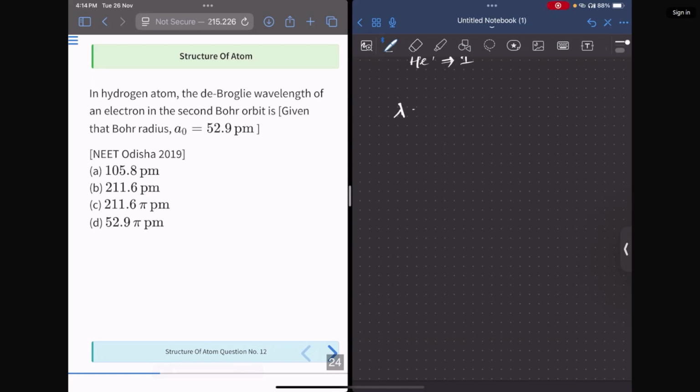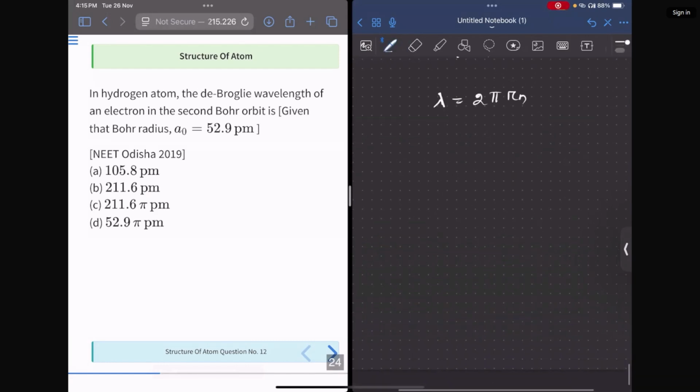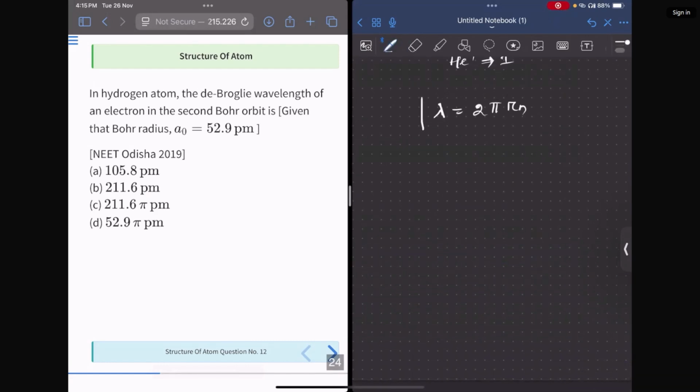Lambda is equal to 2 pi Rn. It is the formula for the de Broglie wavelength in the Bohr orbit. Since it is asking for the second orbit, we have to find Rn, meaning R2. So let's find out this R2.